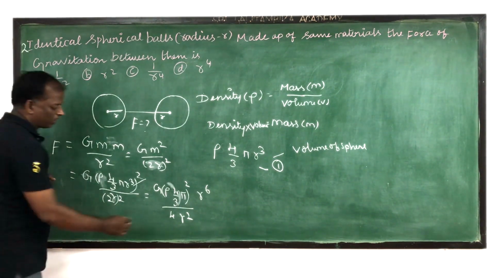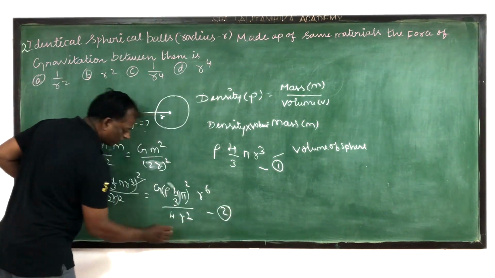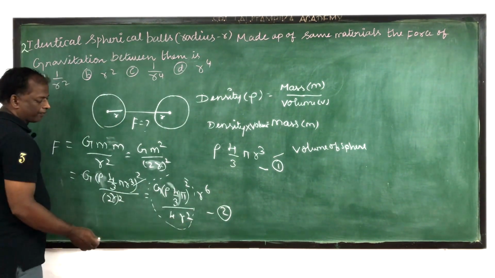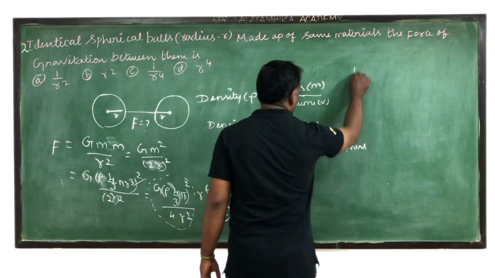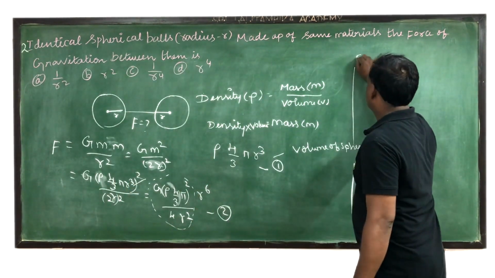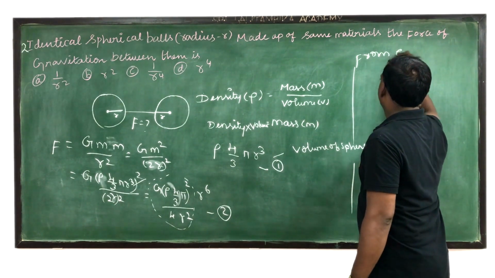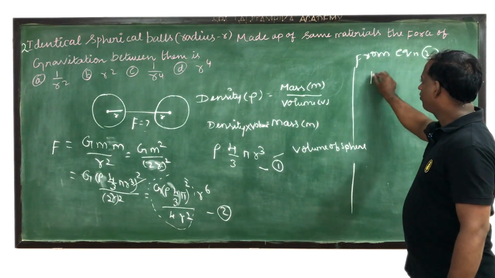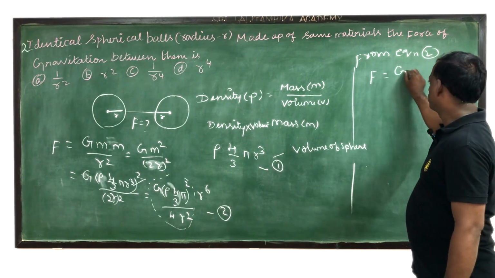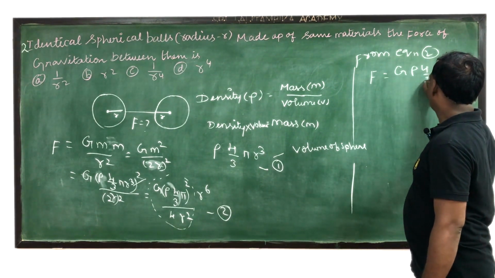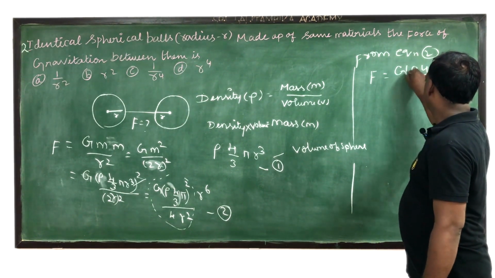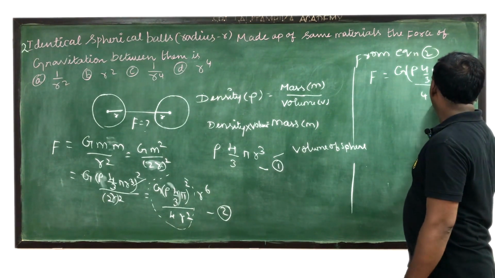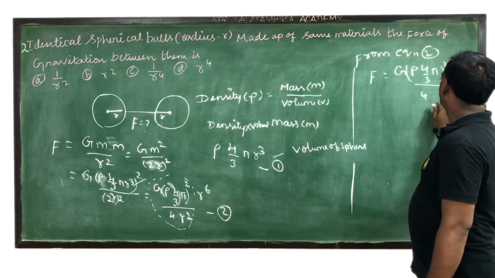Now if you look at this equation, all of these are constants. From equation 2, what do we know? F is equal to G rho 4 by 3 pi r power 6 divided by 4 r power 2.